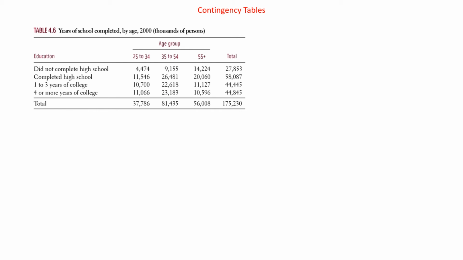Now from here, this is called a marginal distribution because we use the margins, the totals. The contingency table has the totals in it, and that's going to be important for what we're going to do.